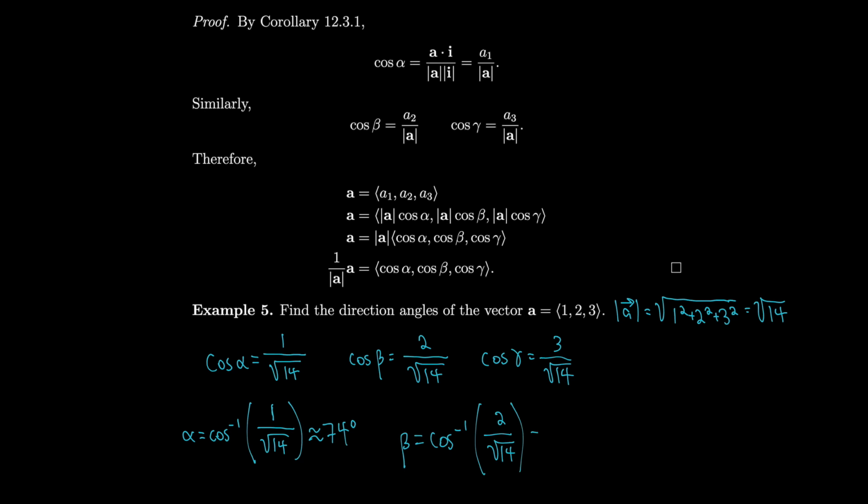So that's about 58 degrees. And lastly, we have gamma equal to cosine inverse of 3 over square root of 14. So that's just about 37 degrees.